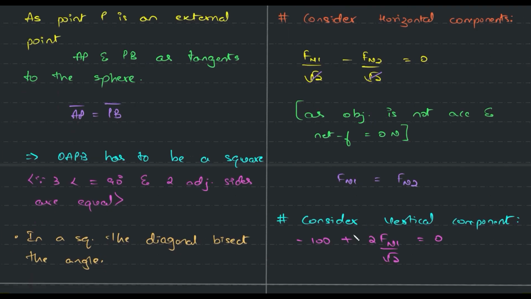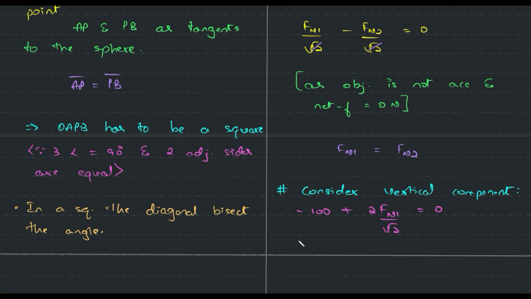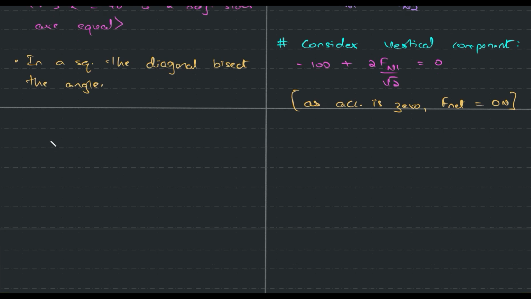Okay, same reason, as the object is not accelerating, as acceleration is 0, F net should be equal to 0 Newton. And a bit of workout, and what we have here is 50 root 2 Newton. So that's that.